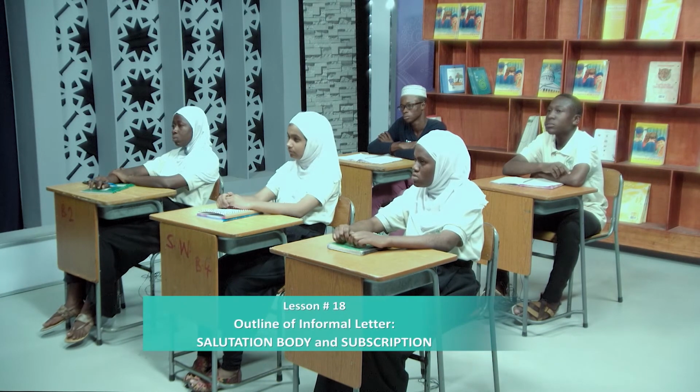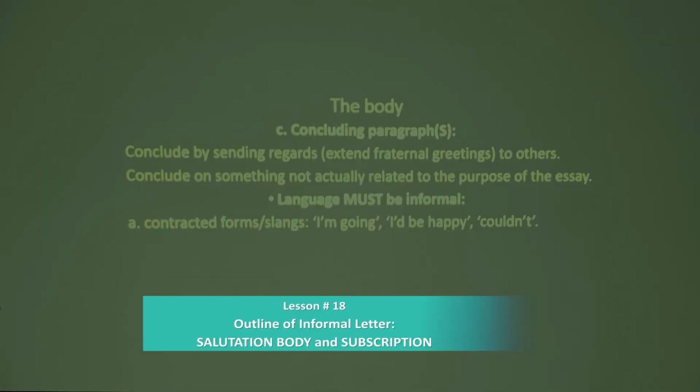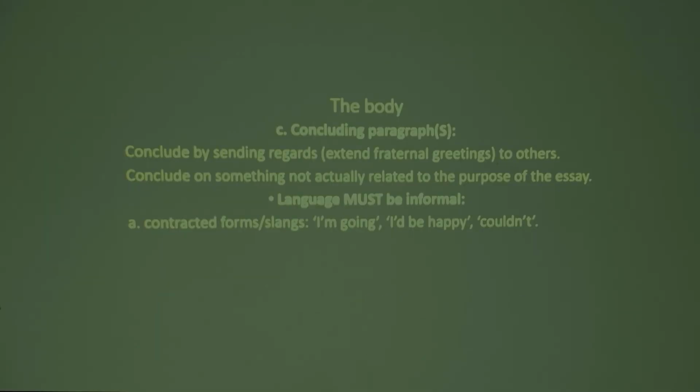And these include contracted forms. Examples of contracted forms are what people call slangs. Instead of saying I am going, you say I'm going. Instead of saying I had or I would or I should, you say I'd.